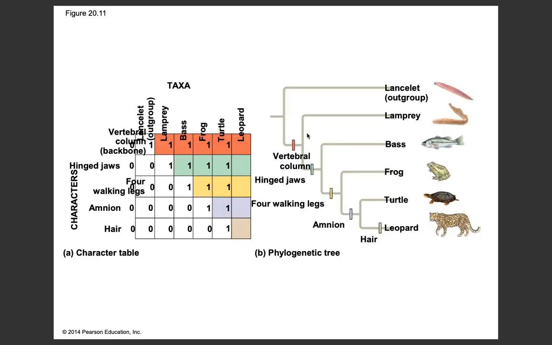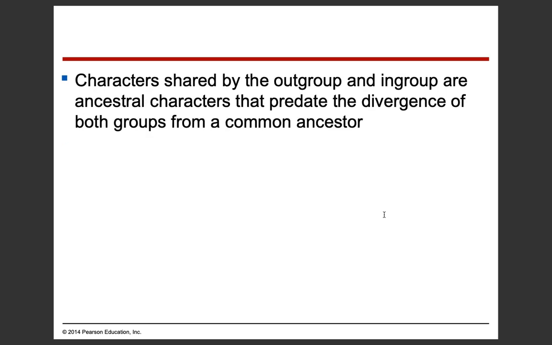So, for instance, if we had something that developed like here, then that means that everything has it. But in this case, all of these are shared derived because they are not present in the ancestor, because the lancelet is going to be most like this ancestor and it does not have any of these characteristics. So that's how you read those.